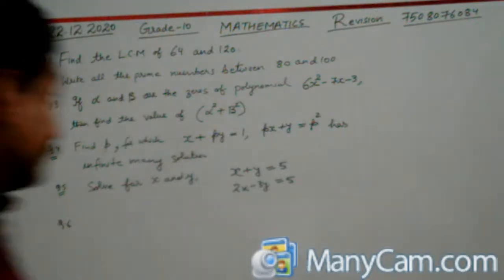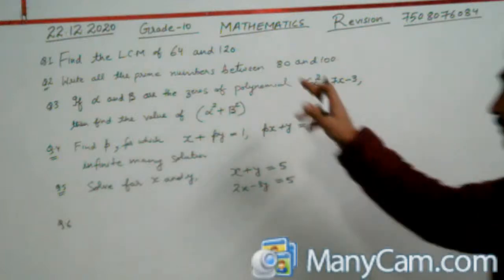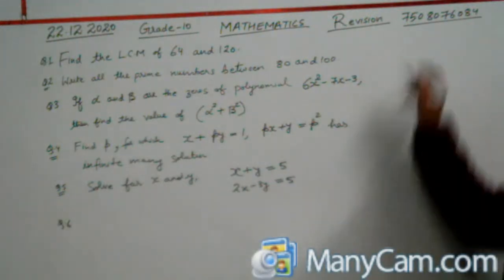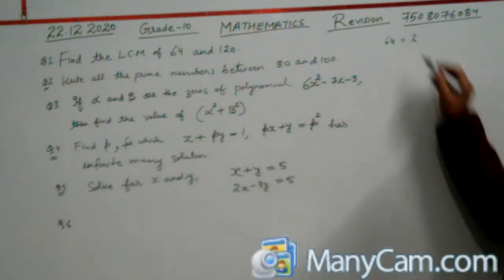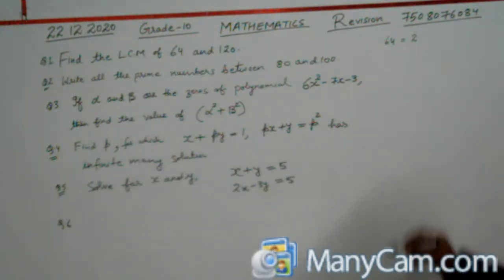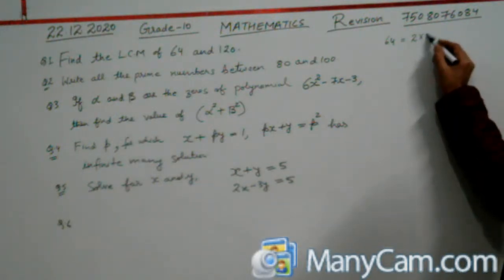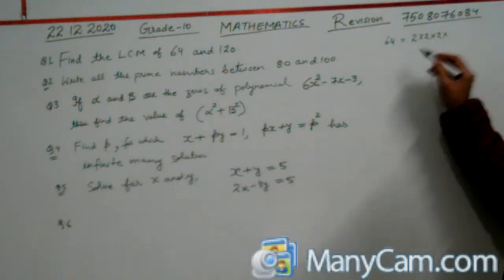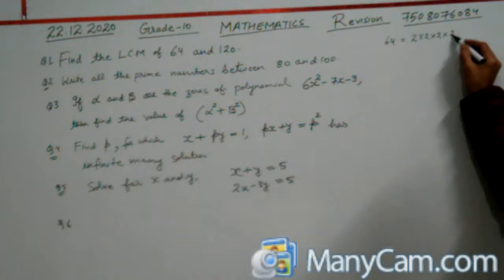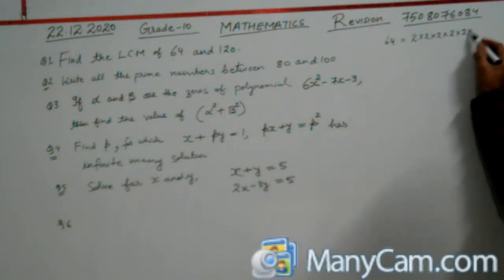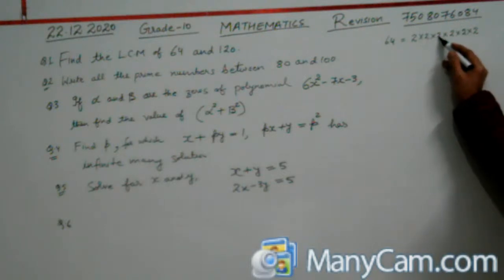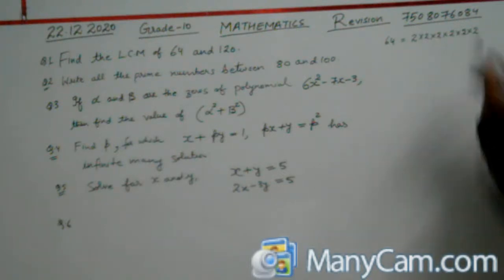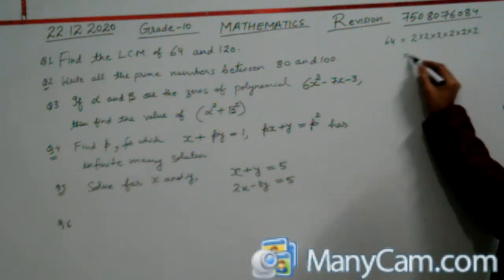When we solve the first question, we go for the LCM. 64 is equal to 2 raised to power 6: 2, 4, 8, 16, 32, 64. So in short, you can write 2 raised to power 6.